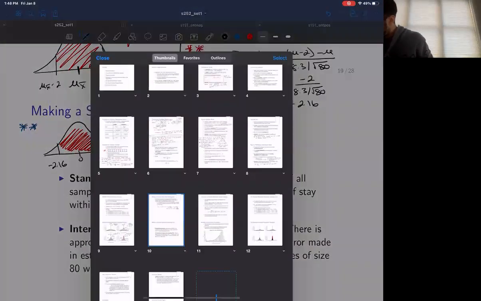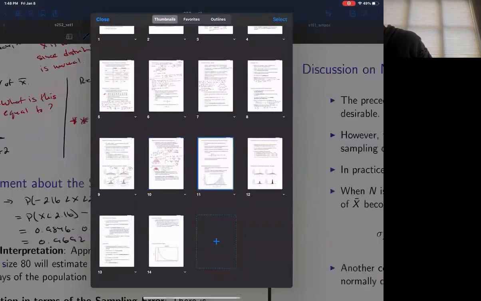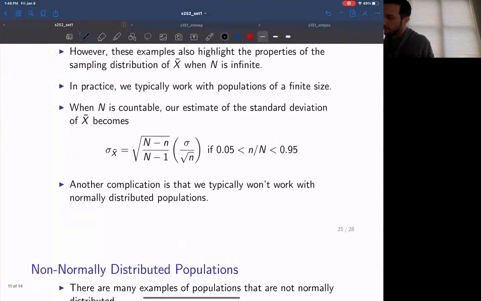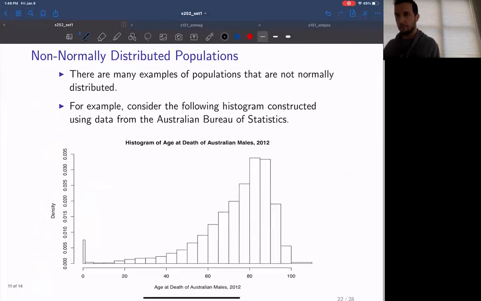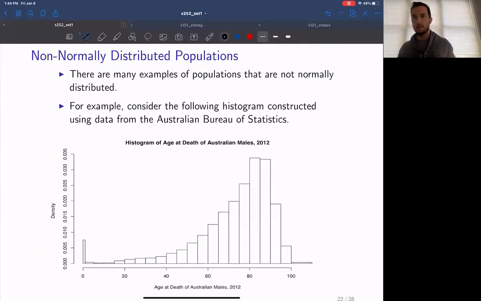Okay, so I just want to mention briefly in the couple minutes I have left here, the more realistic situation, and the situations that we are going to start dealing with very often, arise when the population is not normal. So for example, on slide 22, you can see a histogram of the population of the age of death of Australian males, and this is from 2012.